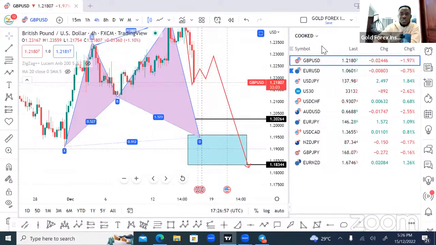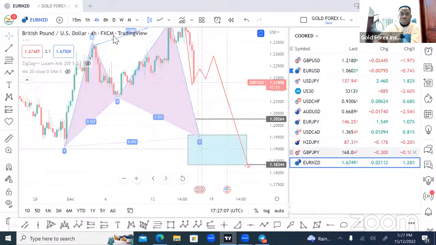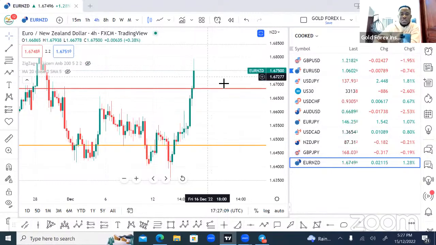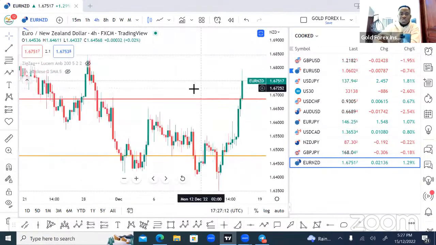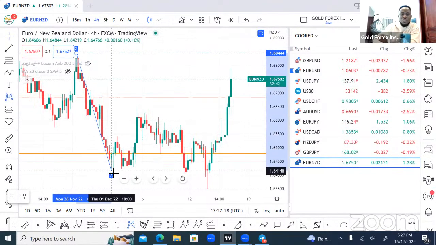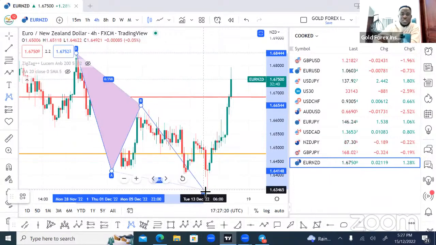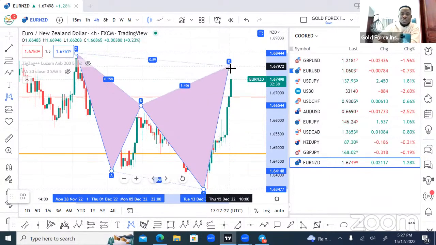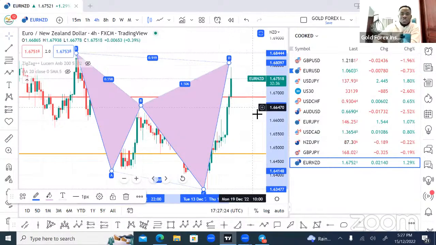So Pound USD sell, Euro USD sell, USD CAD buy, Euro NZD buy, but we should be expecting that level of correction when this harmonic pattern, the cipher pattern, completes, before you continue the buy.